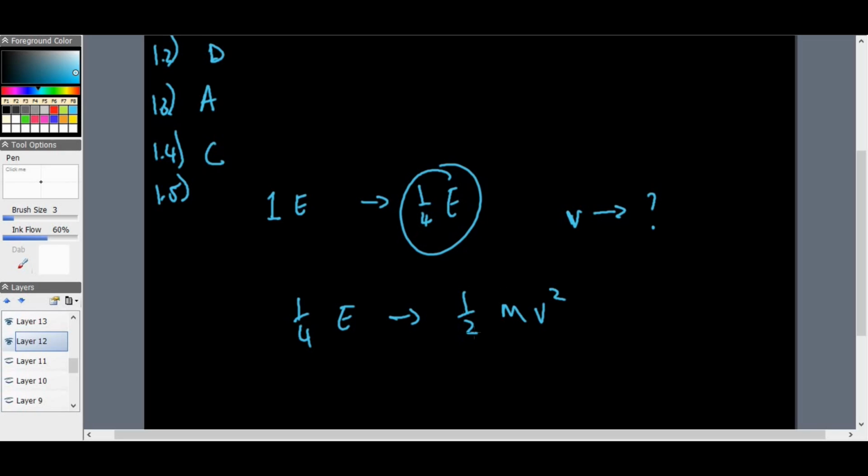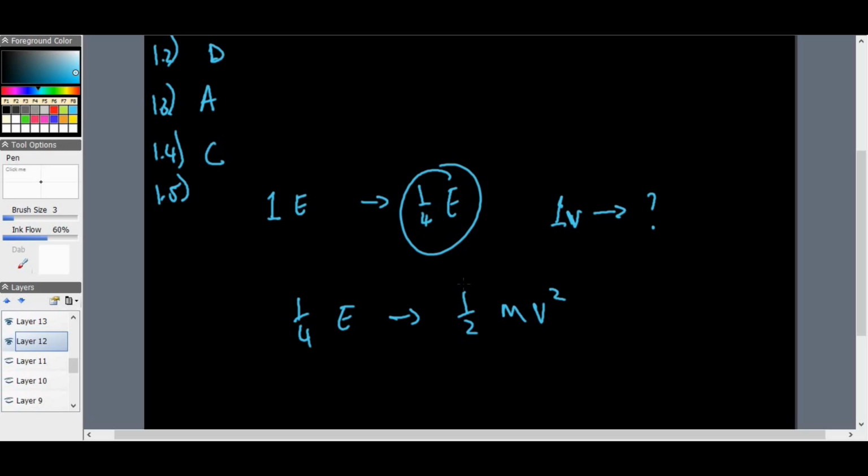If we multiply both sides by 2, we'll just get mv squared. If this was just normal v squared, that would be 1v, and we'd get 1E there.